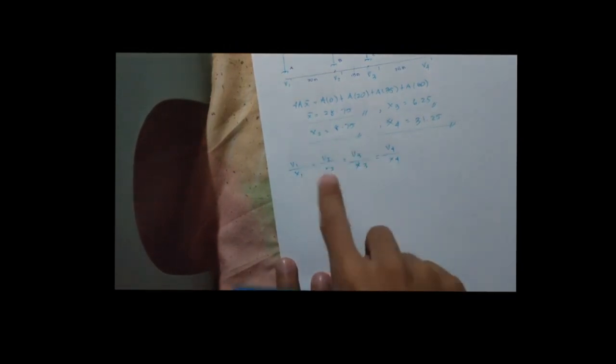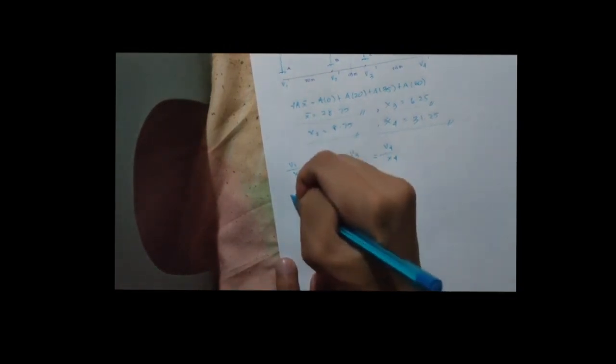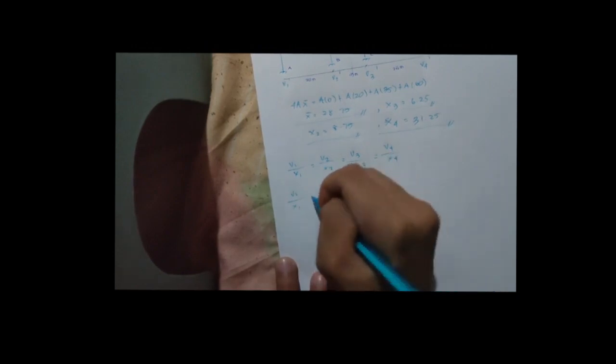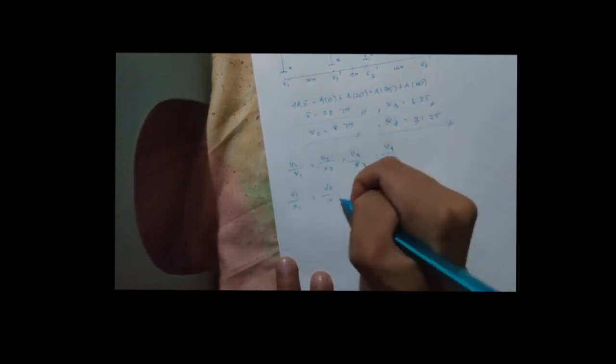So we will get V2, V3, V4 in terms of V1. So first, we get V2 in terms of V1. V1 over X1 equals V2 over X2.